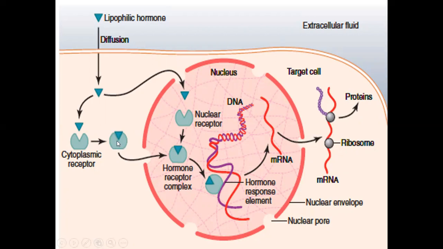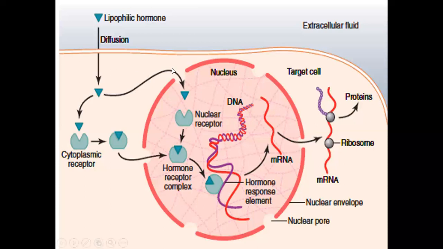So, when it binds to a cytoplasmic receptor forming a hormone receptor complex, this travels inside the nucleus. In turn, the hormone receptor complex binds to a particular portion of the DNA we call the hormone response element. Upon binding of the hormone receptor complex with the hormone response element in the DNA, it generates the desired physiological effect.